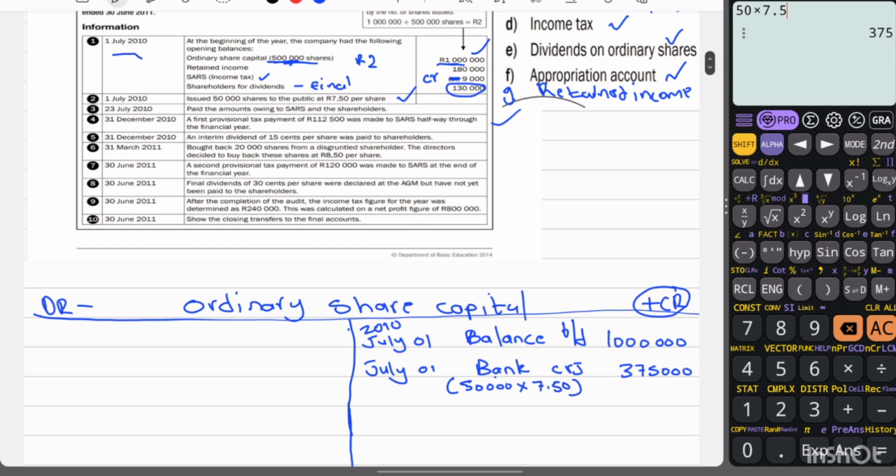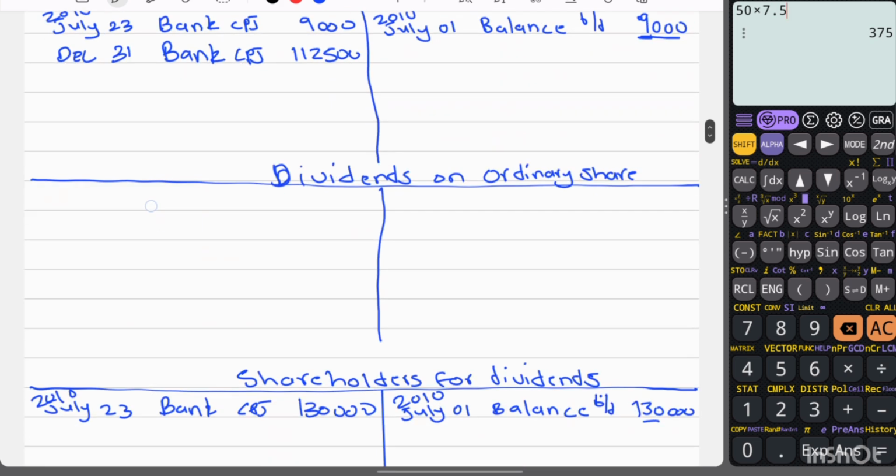When we read now, they are saying 20,000 shares were repurchased, and these directors decided to buy back these shares at R8.50 per share. Why was I preparing the ordinary share capital? Because it's very important, especially when it comes to the buying back of shares.